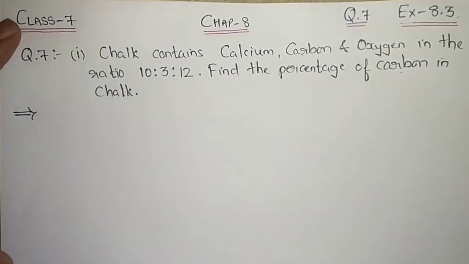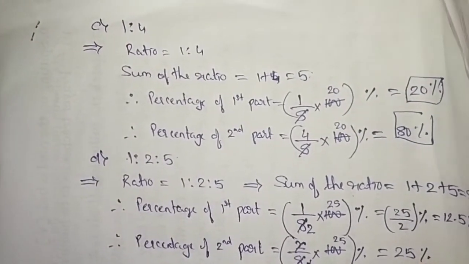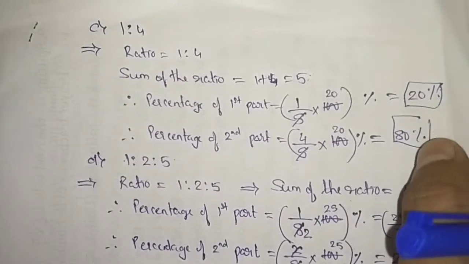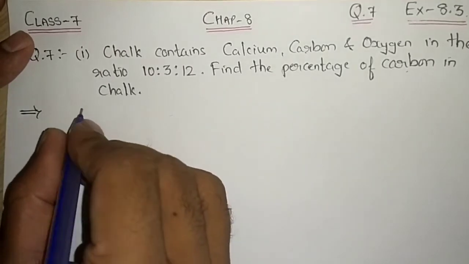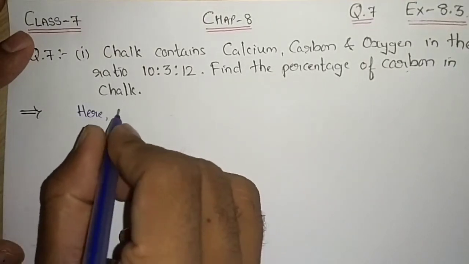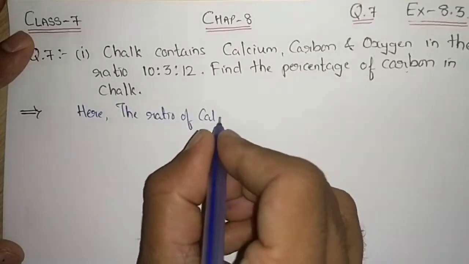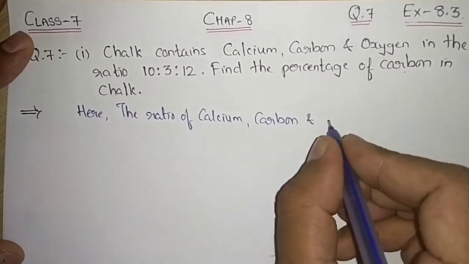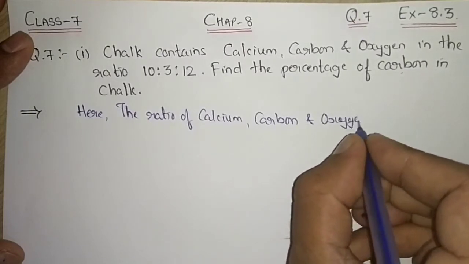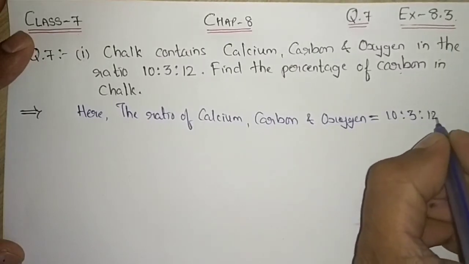As we have solved question number 2, we will solve it the same way. There also they have given us the percentage, and whatever part we want to solve, we will solve. So I will write: the ratio of calcium, carbon and oxygen is equal to 10:3:12.